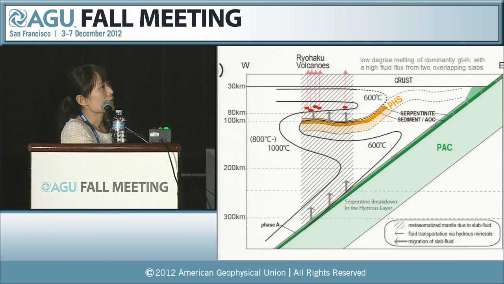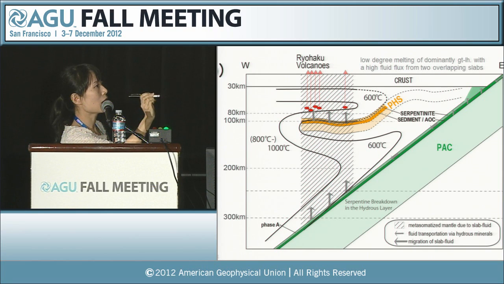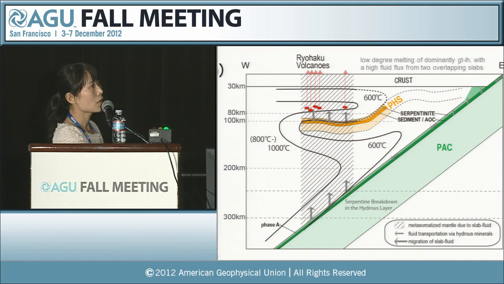This is the thermal regime beneath central Japan in the west-east section. The Pacific plate subducts from east, and the Philippine Sea plate subducts from perpendicular to the screen. And the melting occurs in the mantle wedge over the Philippine Sea plate.